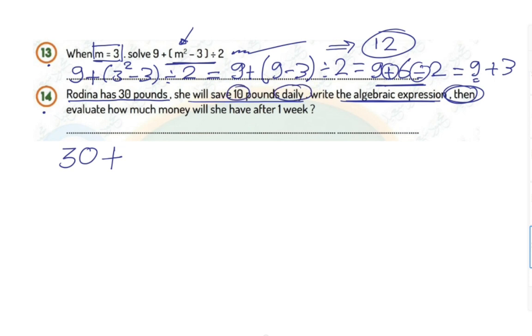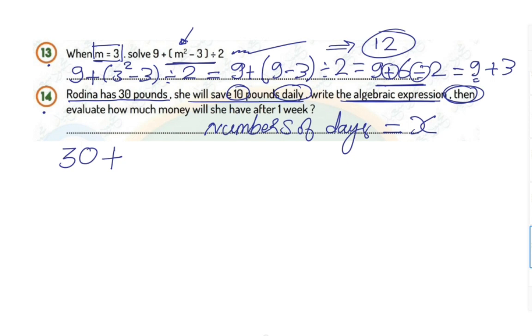But how many days? So the number of days is unknown. Unknown must have some letter, just x. Okay, so after 1 day, 1x, she will have 10 pounds. After 2 days, 2 by 10, she will have 20 pounds.